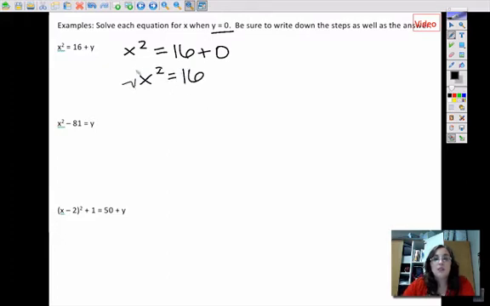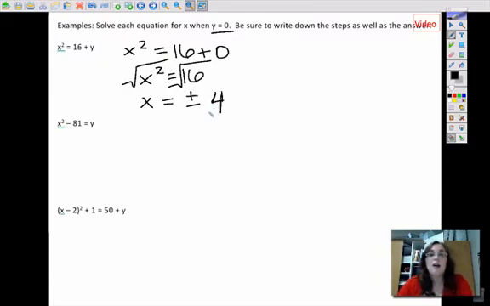And we're going to take the square root of each side because the square root is the opposite of the square. And when I take the square root of x squared, I'm going to get x left over. And the square root of 16 equals positive and negative 4. It's important that you write down both answers for the square root of 16 because there are 2 roots.